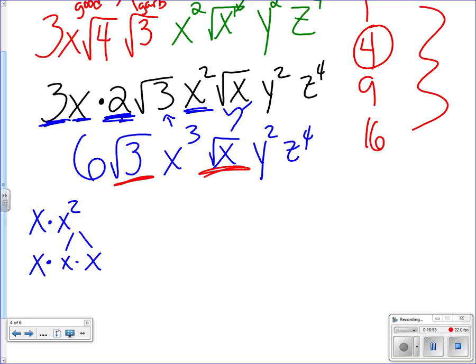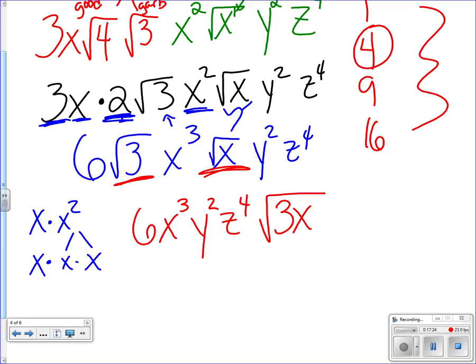A lot of times it doesn't matter to me, but a lot of people like the variables and everything that's clean on the outside all together. And then anything with a square root goes at the end. So we notice that we have a 3 and an x. So then in our single square root, you can just write 3x. So that would be the most simplified version for this particular problem.